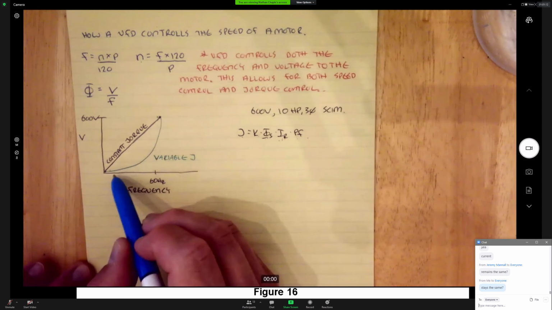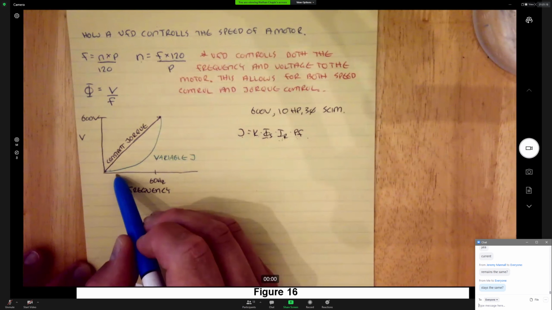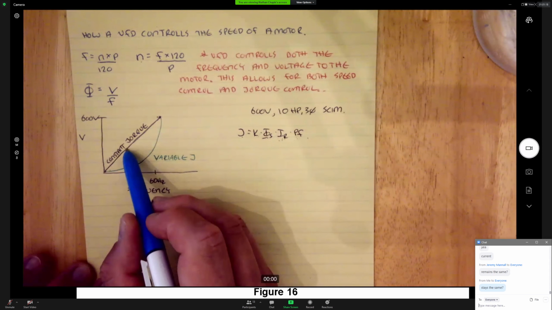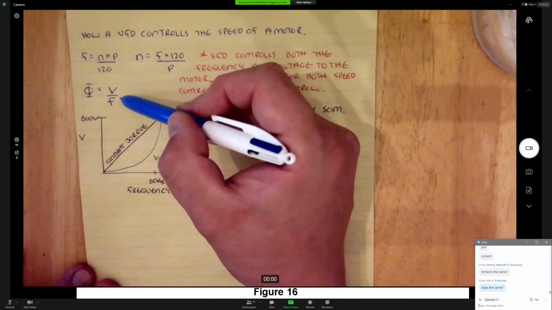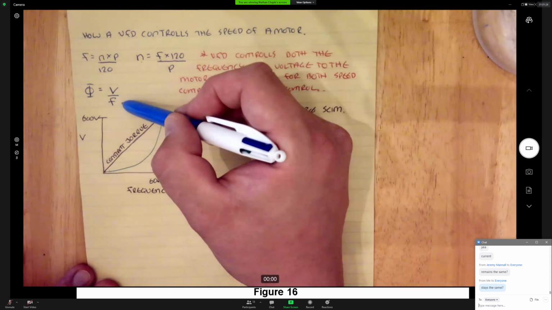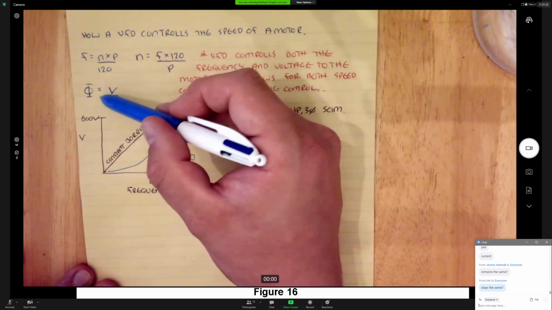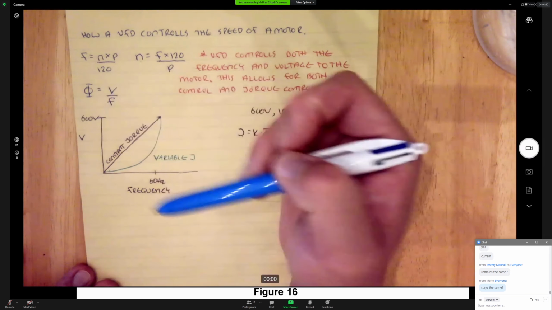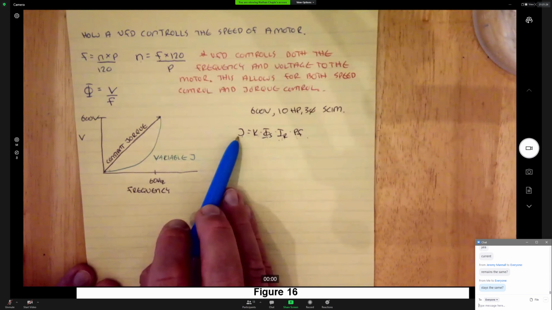And if we look right when we start off, do you see how frequency is increasing a lot more than voltage? And so that gives us, if we look at this formula, a larger frequency and a smaller voltage, that decreases your stator flux. And that stator flux causes a decrease in torque.